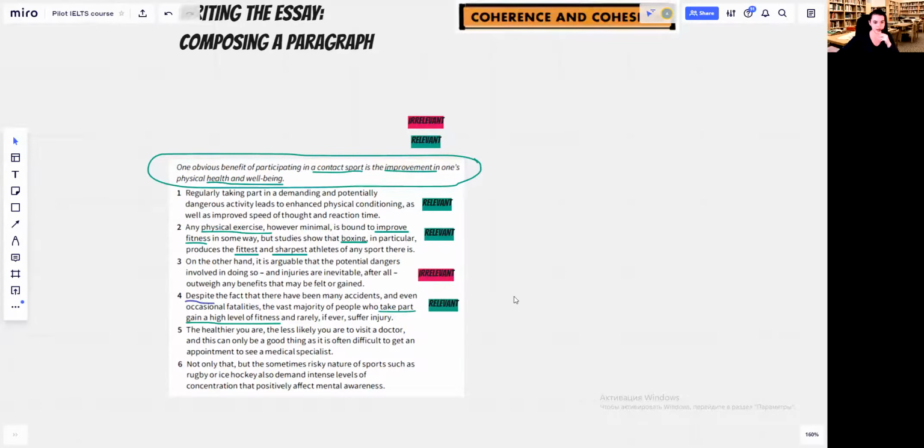Number 5. The healthier you are, the less likely you are to visit a doctor, and this can only be a good thing, as it is often difficult to get an appointment and to see a medical specialist. What do you think?